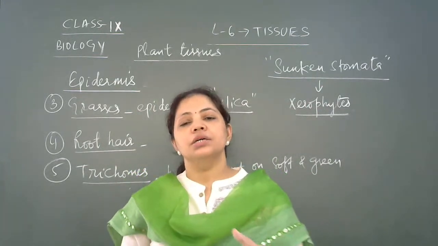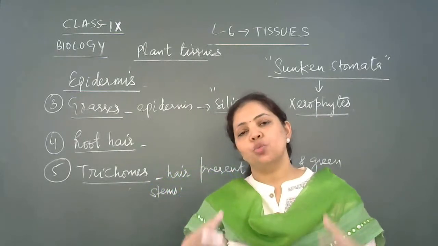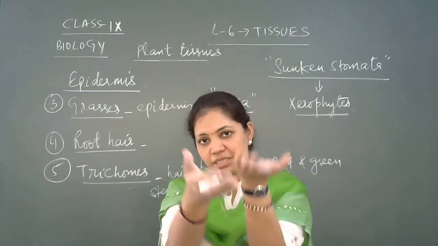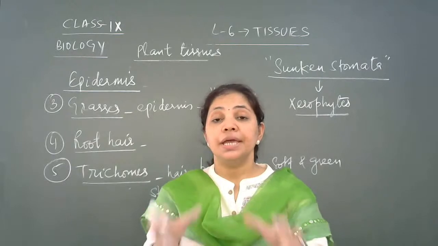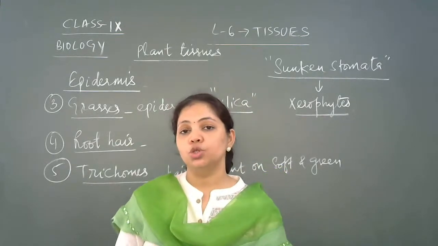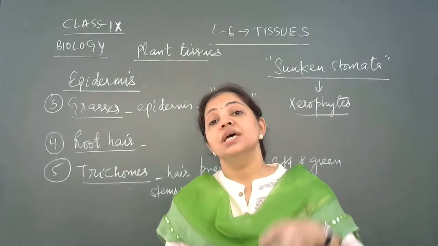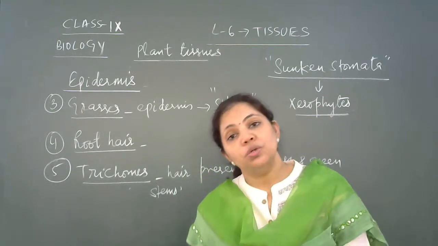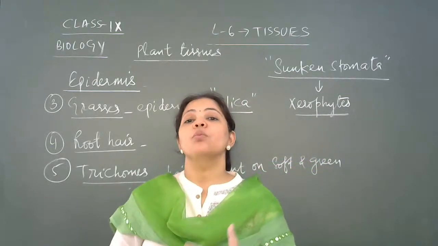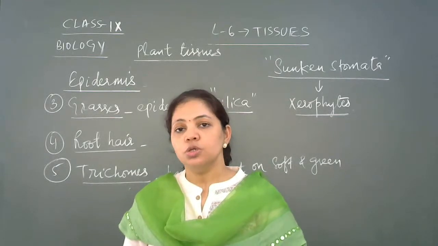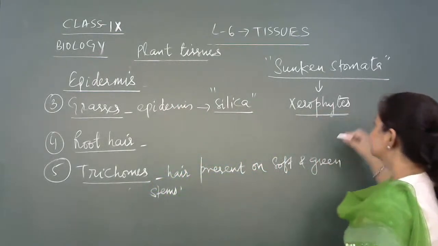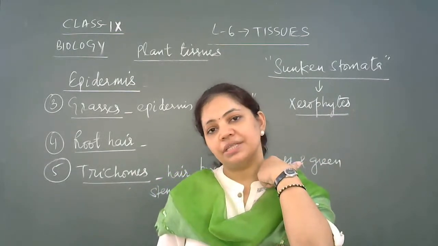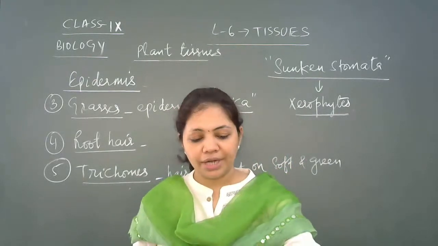In all other ordinary terrestrial plants, the stomata are present on the epidermal layer of leaves, on the upper side as well as the lower side, right? In the case of desert plants, the stomata are sunken stomata, meaning they are deep seated inside the leaf. Why? To reduce the loss of water from their body by transpiration. So do remember that sunken stomata is an important feature of xerophytic plants. Right, students?